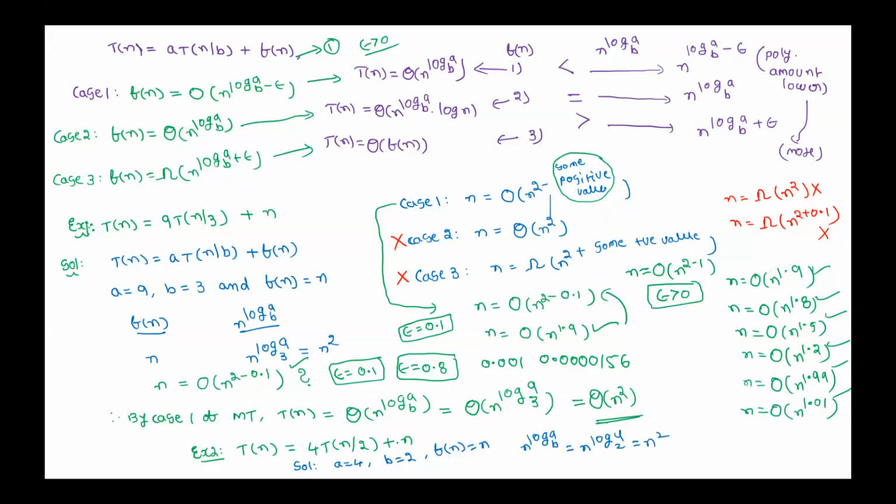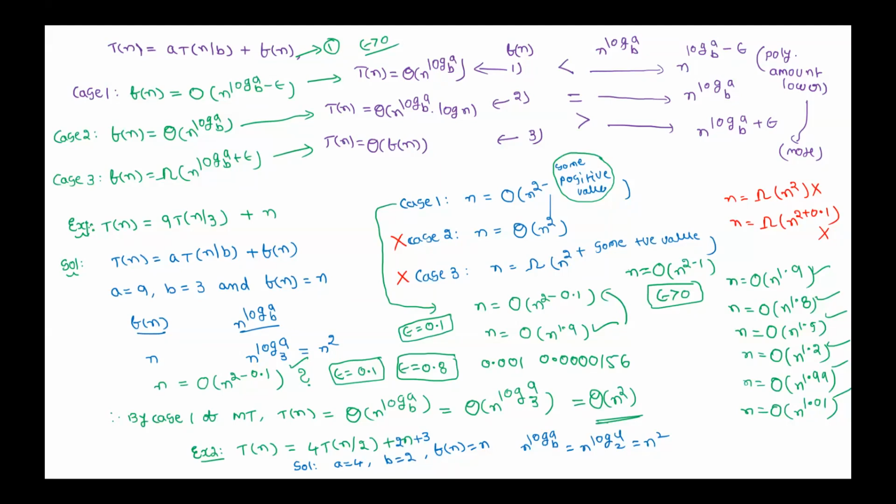Okay. So instead of n, if I give here 2n plus 3, or 2n plus 3 log n plus 5, same answer, sir.